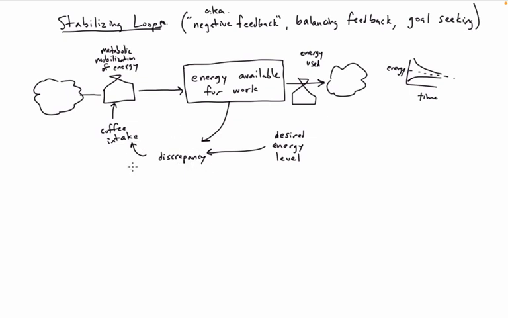So something to notice about this. The stocks and flows that are here are level free. For example, discrepancy could be positive or negative. Energy available for work could be a lot of energy or little energy. So when you draw these diagrams, that's a characteristic of the diagrams.